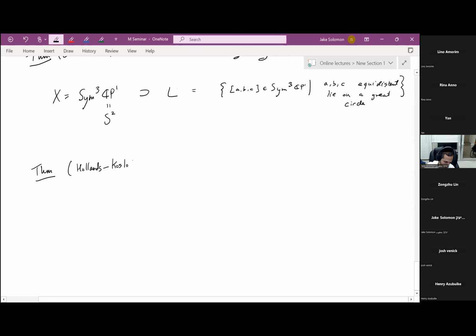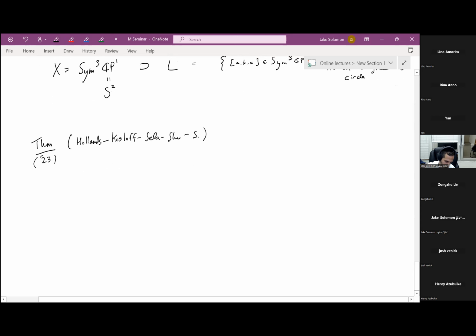And this is all from this here, which says that first of all, there's different things here. One of them is that the open WDVV equation and the open Gromov-Witten axioms and so on.